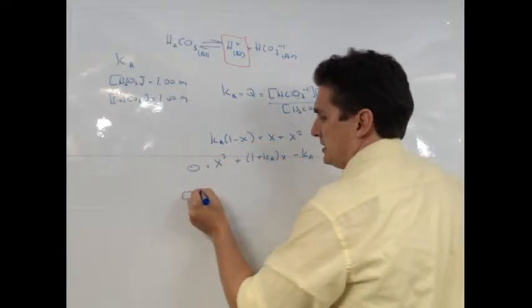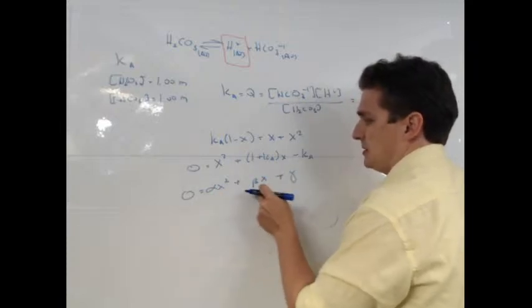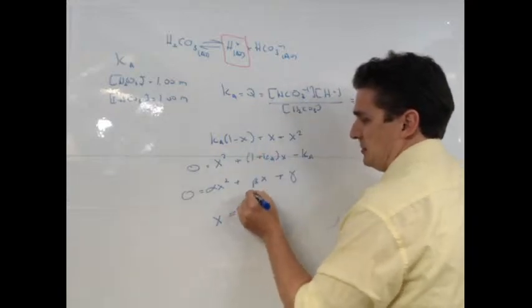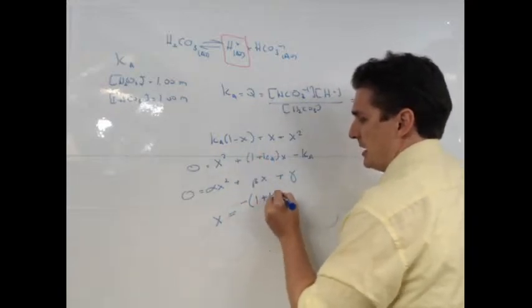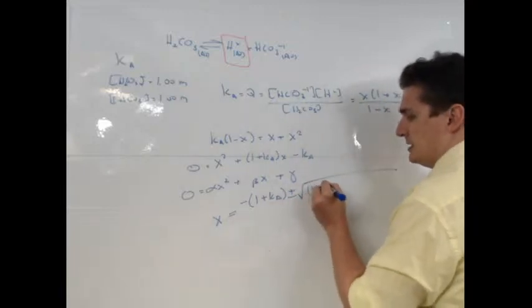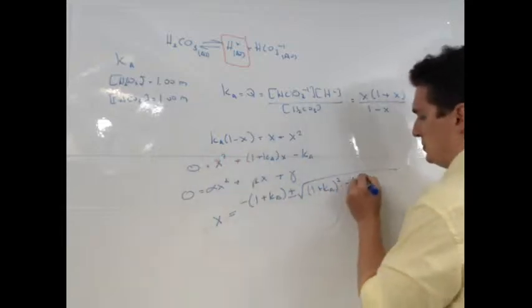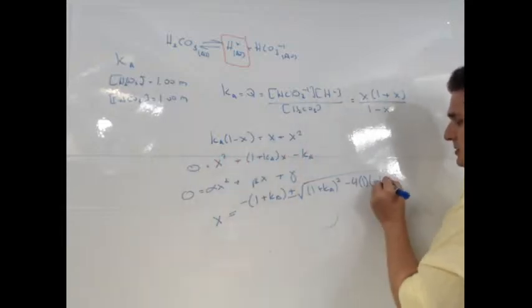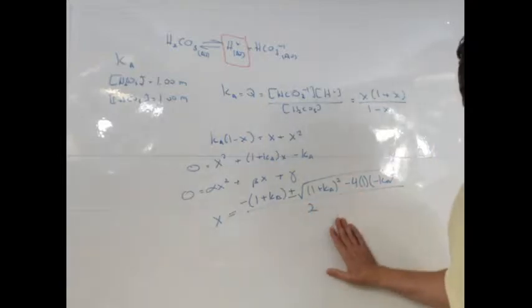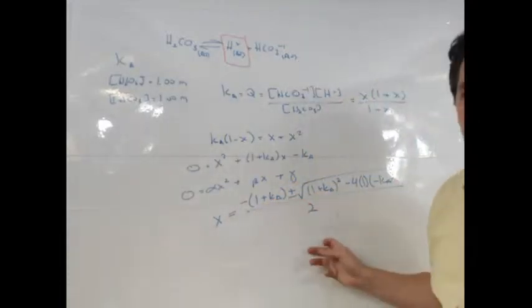If we use the quadratic, ax squared plus bx plus c, we get that x equals the opposite of b, in this case 1 plus Ka, plus or minus the square root of 1 plus Ka squared minus 4 times a, which is 1, times c, which is minus Ka, all over 2 times a, which is 1. So the way you would use your Ka in this case is that it's just a number that gets plugged into your quadratic equation.